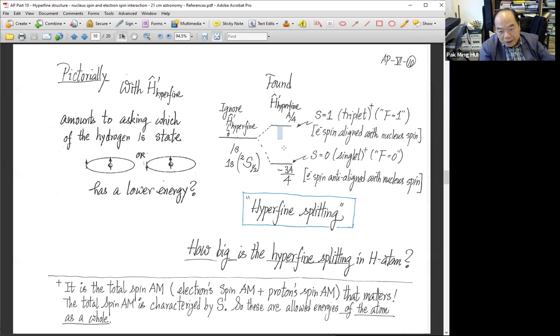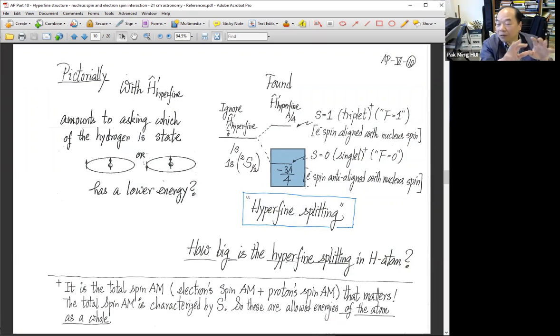One is this difference, A. Another one is KT. Depending on whether that thermal energy KT is bigger or smaller than these two levels, the behavior of the system will be different. High temperature, these two states will be equally populated, and then you don't have a net spin alignment. Low temperature, this one will be aligned more, will be occupied more, therefore the singlet state will be preferred more than the triplet state. Okay, now that much for statistical physics.